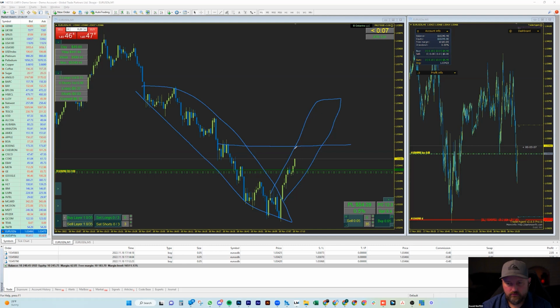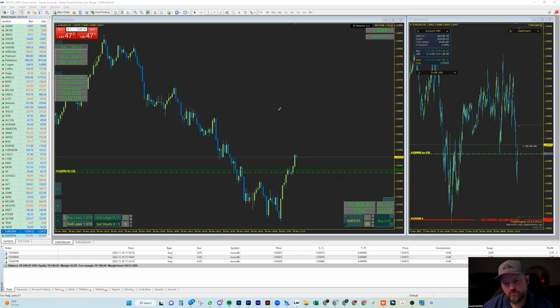If it's going to do that, you'll start to see a little bit of a channel going like that, if it's going to keep the same kind of formation as the other one. Or it could just decide, you know what, you've gone down as far as you're going to go, we're going to smack you back up, and it could truly turn into an aggressive move higher. So those 2 different scenarios, you trade those 2 different ways.